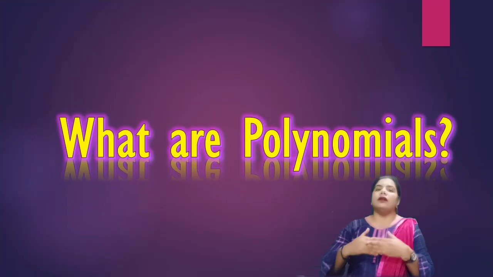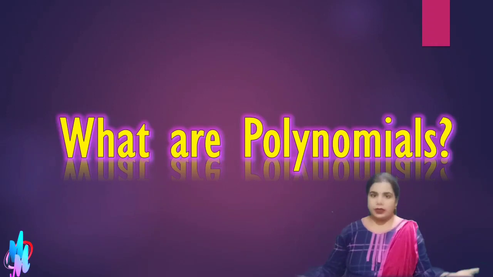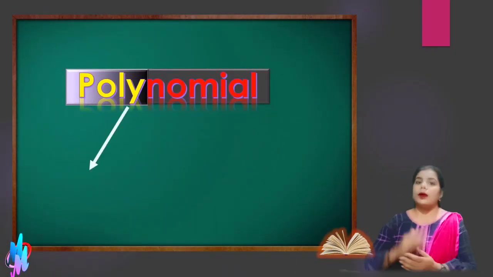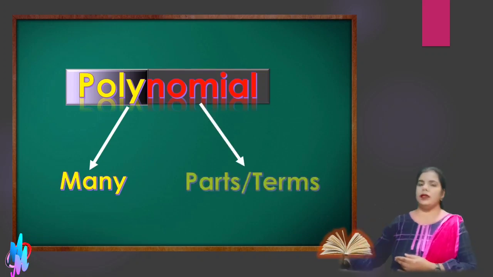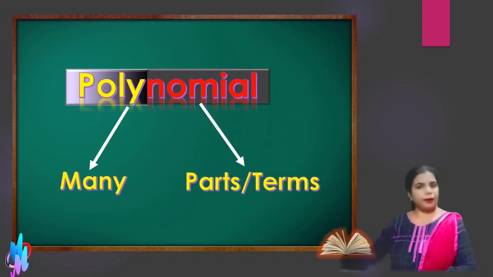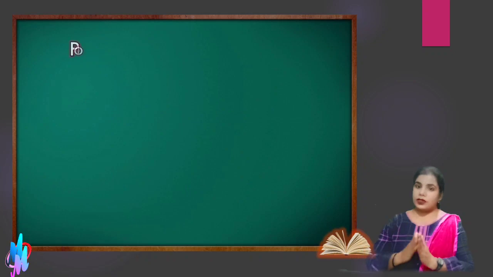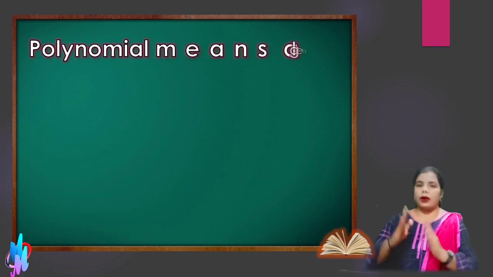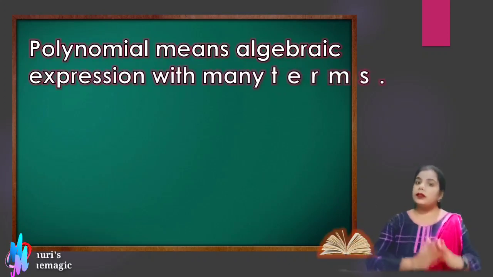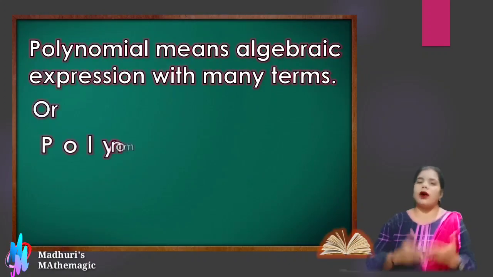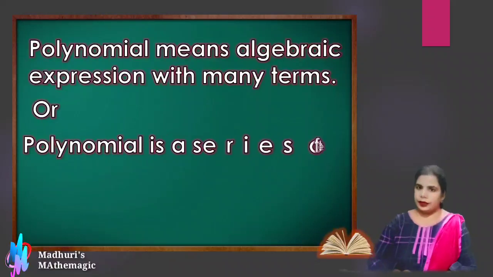Okay, what are polynomials? Poly means many and nomial means terms or parts. So what is the definition of polynomial then? Polynomials means algebraic expressions with many terms. Or we can define it in another way also.